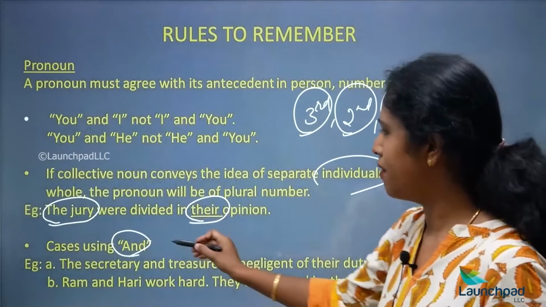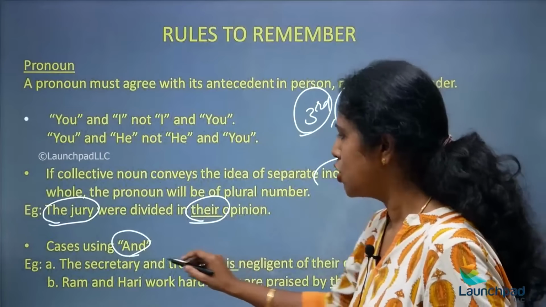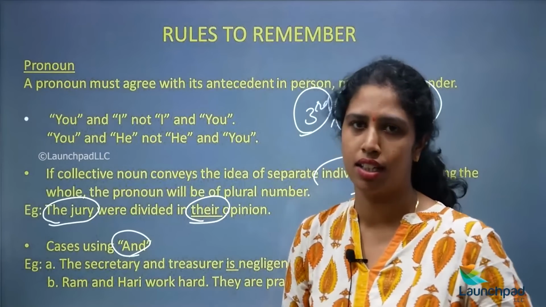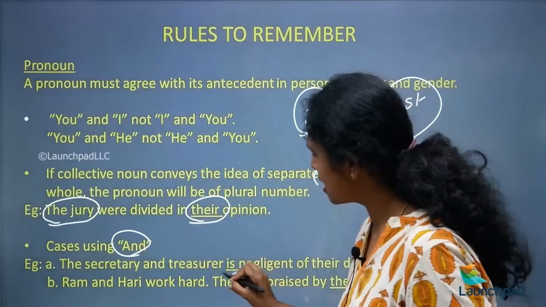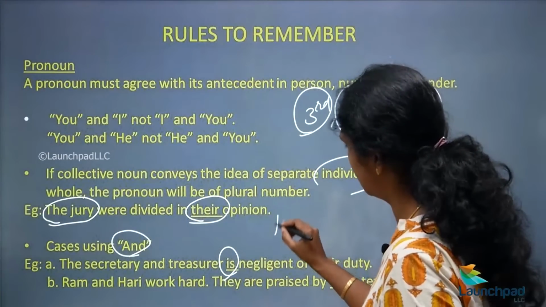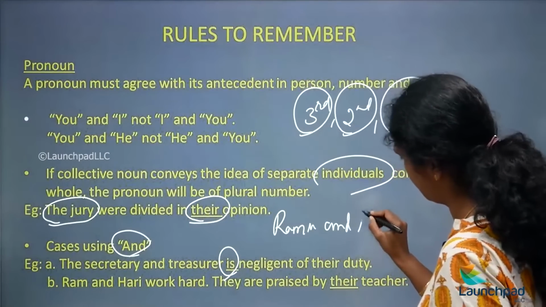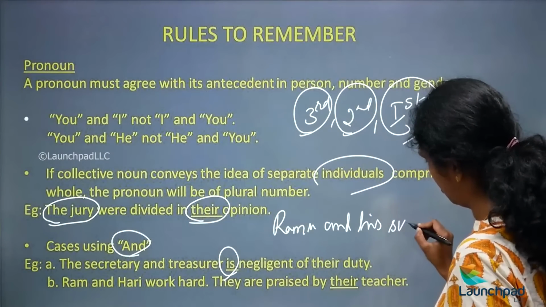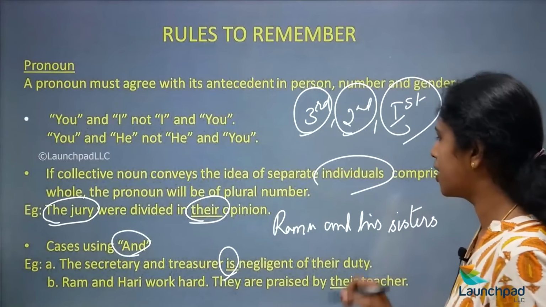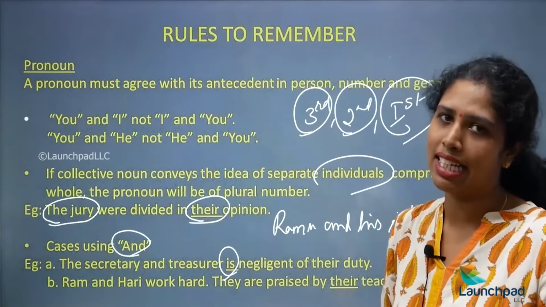Okay. So now let's see what happens when this word and comes. Okay. So whenever the word and comes, you can see the secretary and treasurer. So both of them are in singular. Yes. So it becomes a singular verb. Okay. For example, I'll give you another sentence. So here you can see Ramu and his sisters. You cannot say is. Okay.